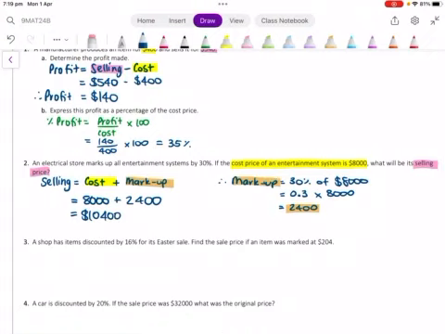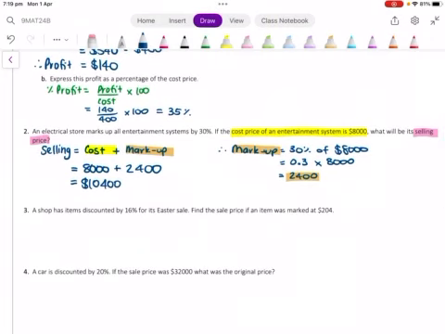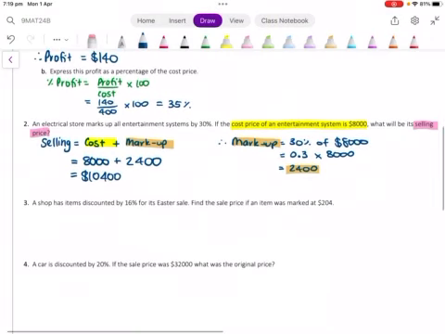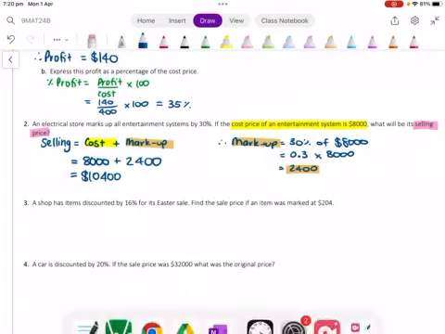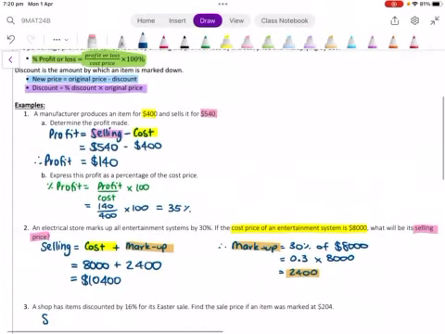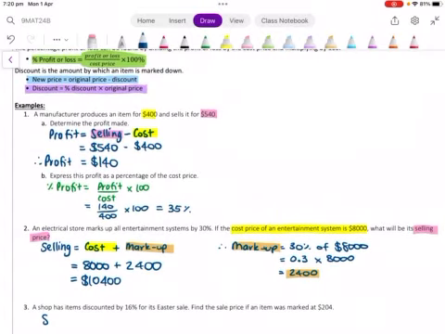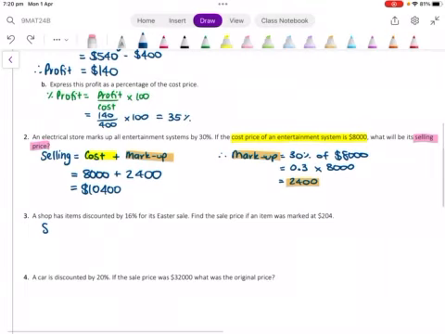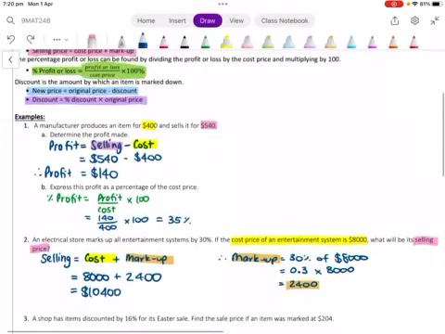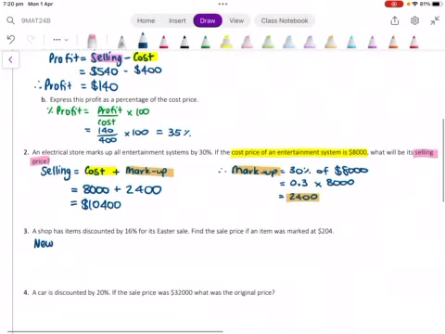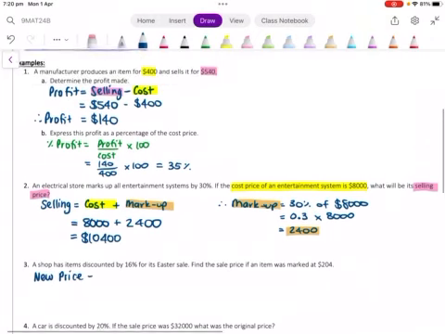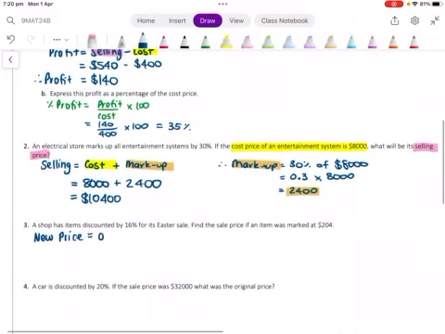Okay, example 3, a shop has items discounted by 16% for its Easter sale. Find the sale price of an item marked at $204. So this is finding our new price, which is our original price minus the discount. So that's that blue formula up the top. It will be our new price equals our original price minus the discount. So what we need to do is find the discount over to the side.